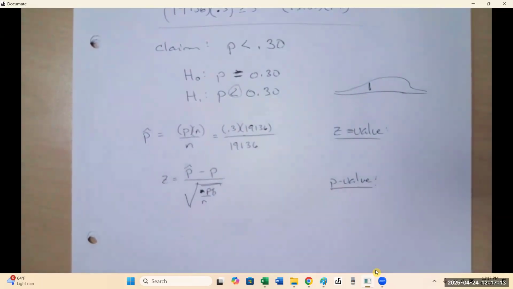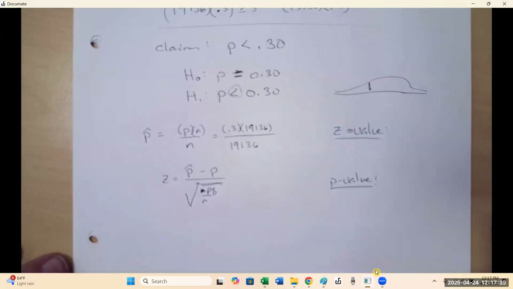What's my P value? You would think the P value would be 0.5.